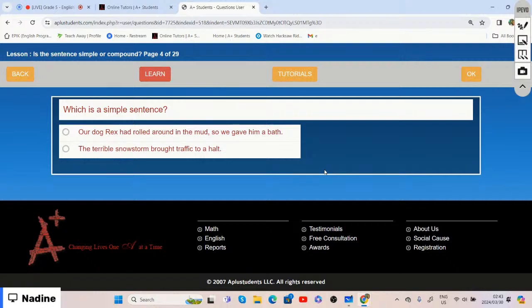So, which is a simple sentence? Is it the first one, which says, our dog Rex had rolled around in the mud, so we gave him a bath?